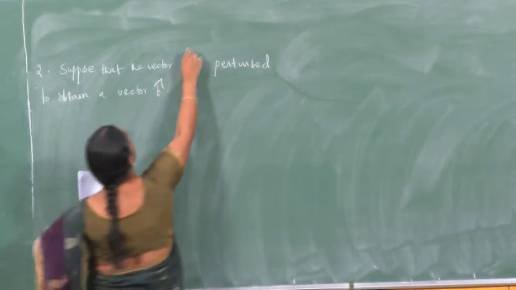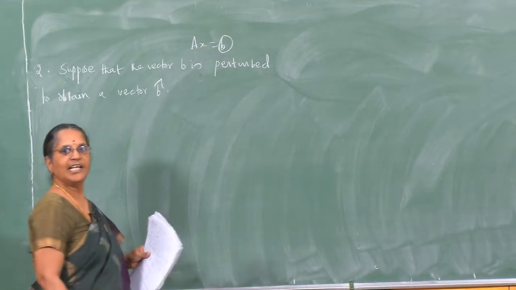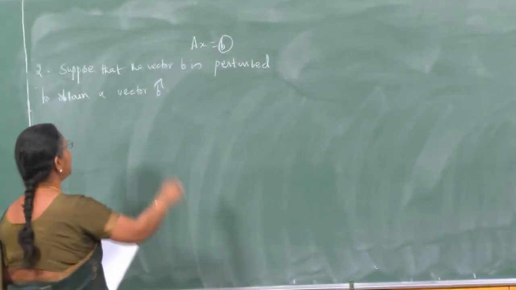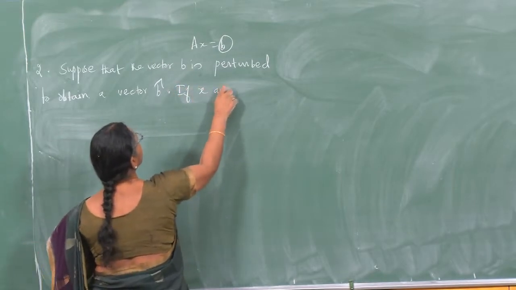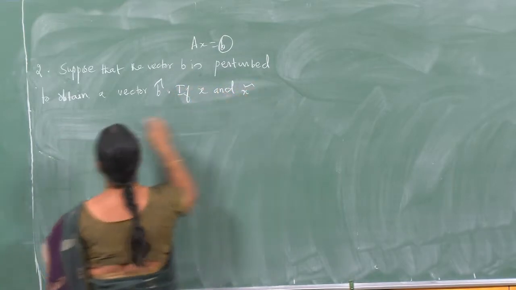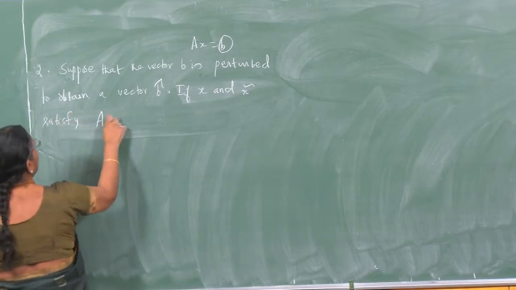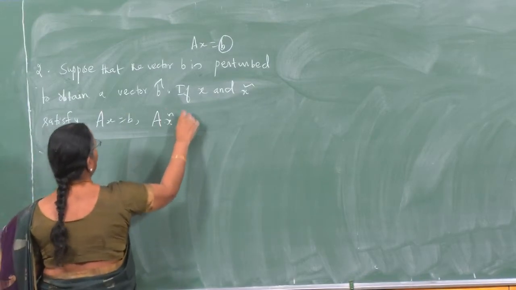So, entries in the right hand side vector for a given system Ax equal to b are slightly changed, so that the new right hand side vector is b cap. If x and x tilde satisfy Ax is equal to b and A x tilde equal to b cap.